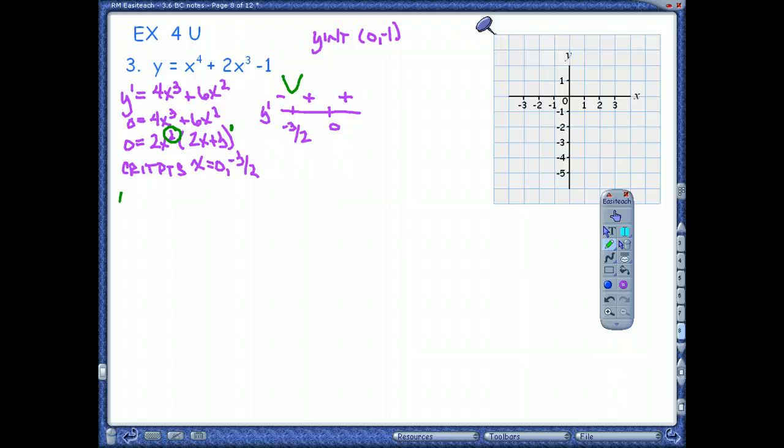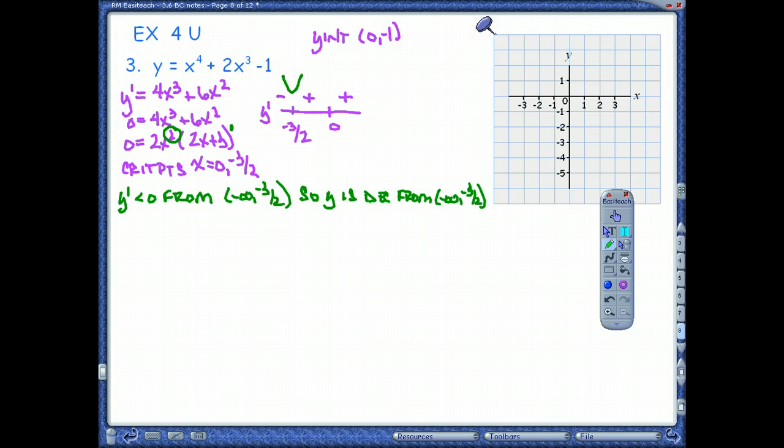So here we go. My y prime is less than 0 from -infinity to -3 halves. So f of x, or y in this case, is decreasing from -infinity to -3 halves.